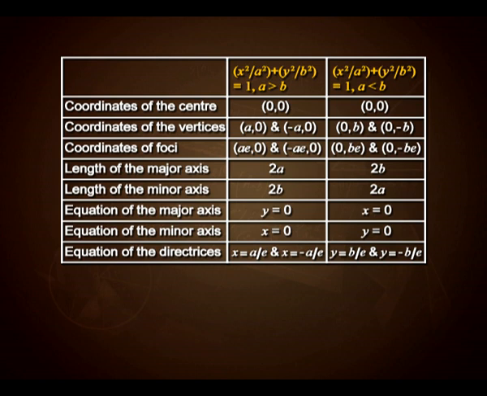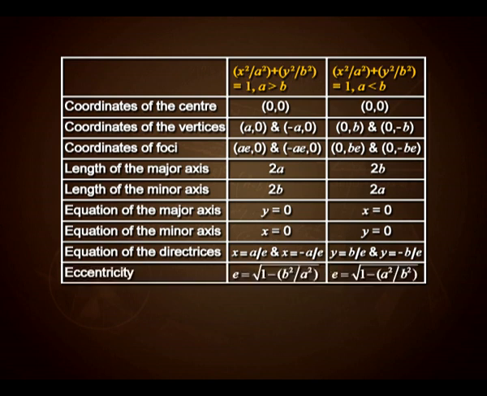Now, equation of the directrices where a is greater than b: x = a/e and x = −a/e. In the second case where a is less than b, y = b/e and y = −b/e. Look into the eccentricity.